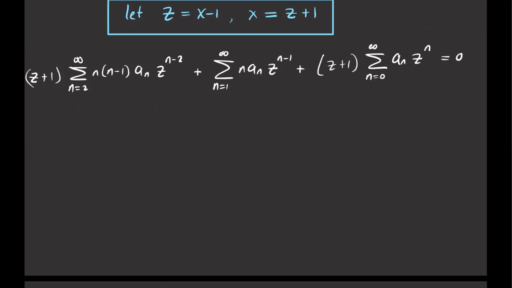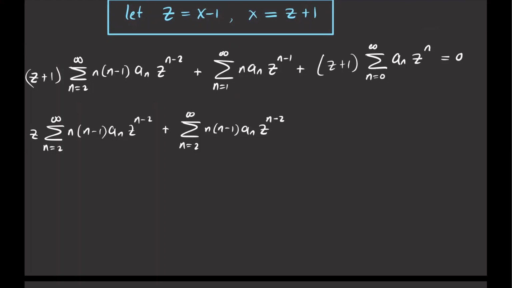So you'll have z times the sum starting from n equals 2 to infinity of n times n minus 1 a sub n z to the n minus 2, plus, now distributed to 1, you will have just the sum itself starting from n equals 2 to infinity of n times n minus 1 a sub n z to the n minus 2. Then the second one doesn't change, so we're just going to rewrite this. Just to save some time, I'm just going to copy and paste it right here. So that's the same thing as we have above.